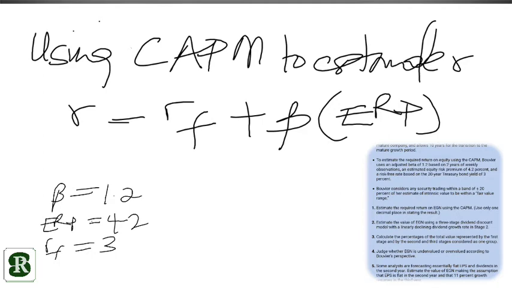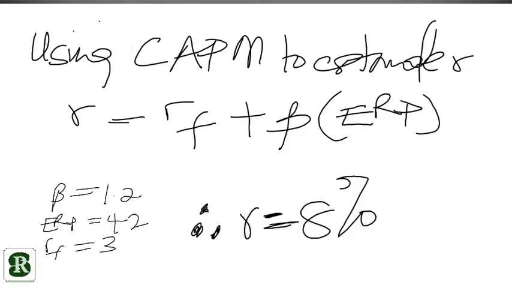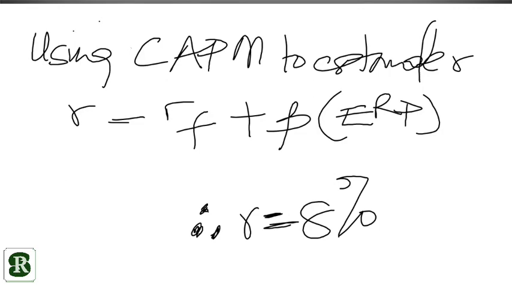We're also given our ERP as 4.2%, and our risk-free rate was given as 3%. So using all of these variables, we're able to estimate our R, which is RF plus beta times ERP. If you do that calculation, you would arrive at an estimate for required rate of return of 8%.